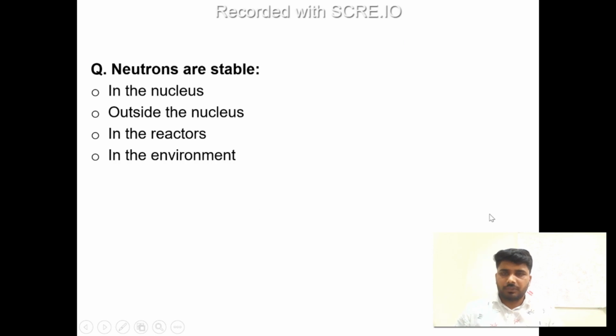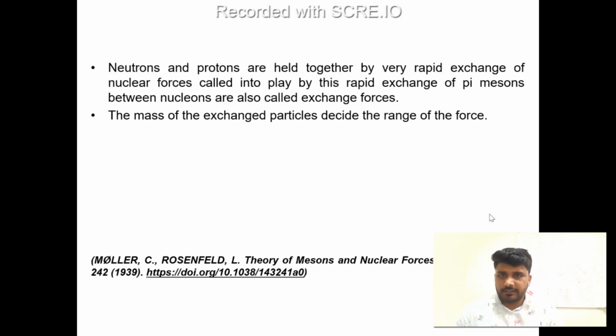So neutrons are always stable in the nucleus. What is the reason? First of all, you have to know their interaction or binding force, the exchange forces. Neutrons and protons are held together by very rapid exchange of nuclear forces, called into play by this rapid exchange of pi mesons.